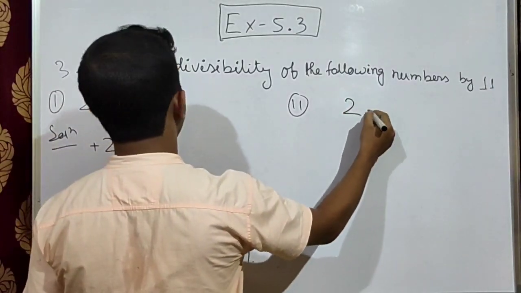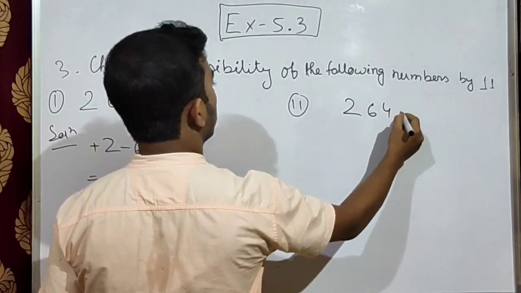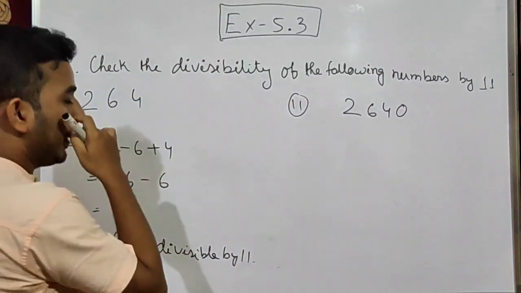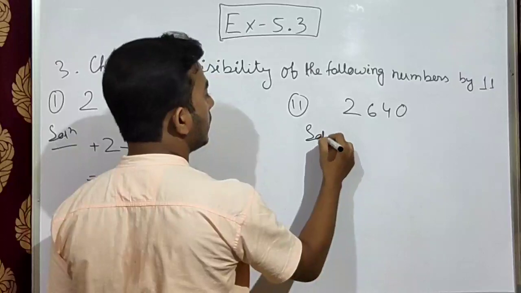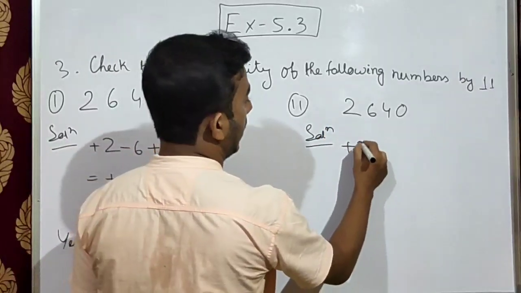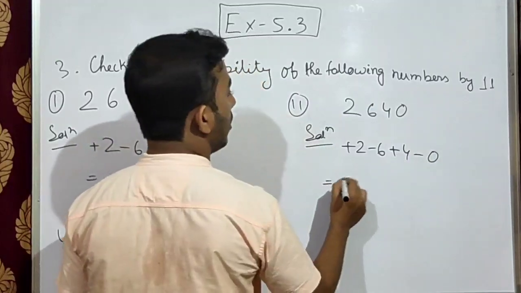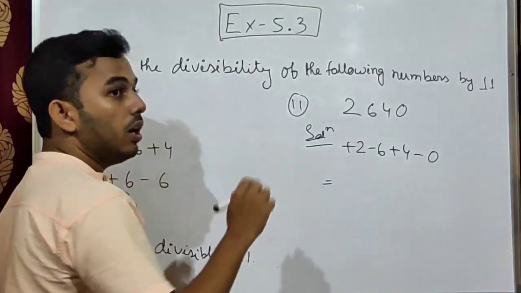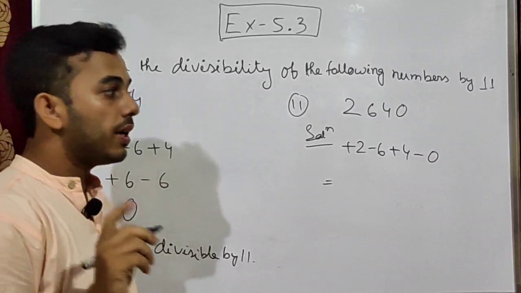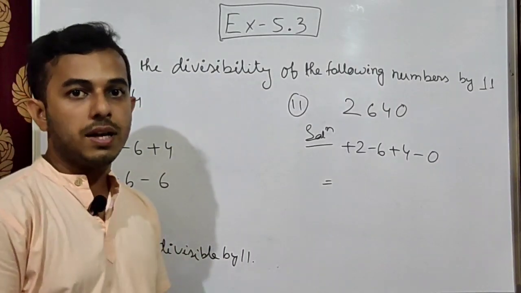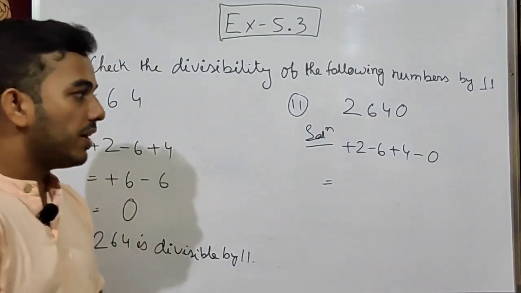Suppose 2, 6, 4, 0. Now whether this number will be divisible by 11, let us find. Right, plus minus. So if there is 0, you don't have to cancel it, right? If you think 0 is plus, then why write 0 in the middle?